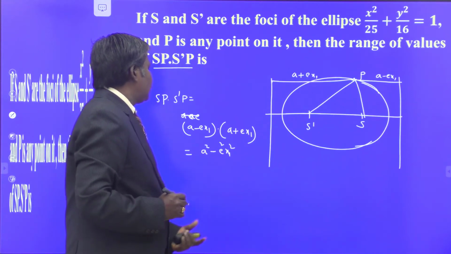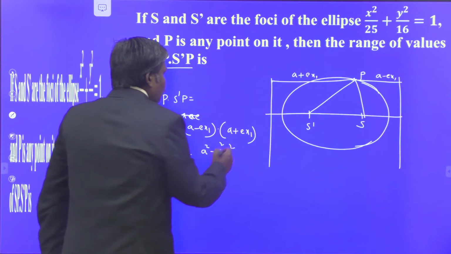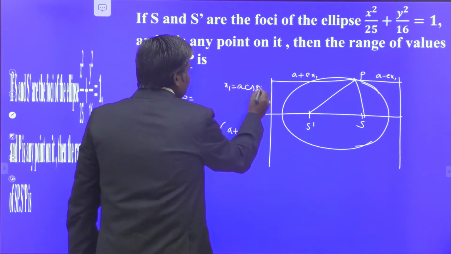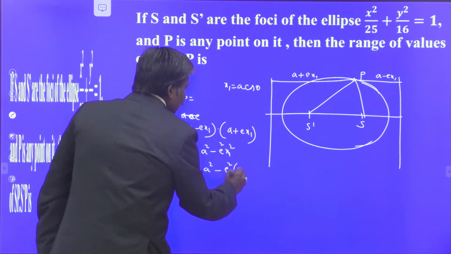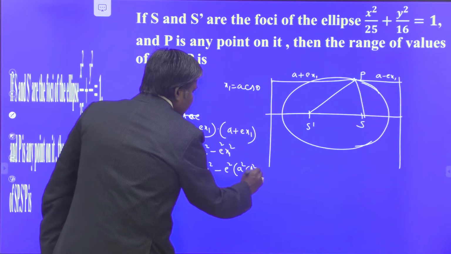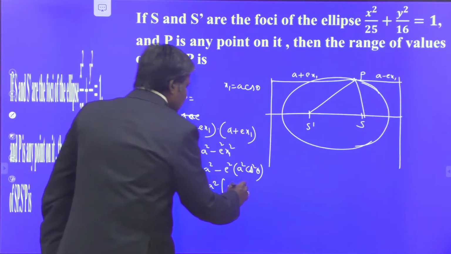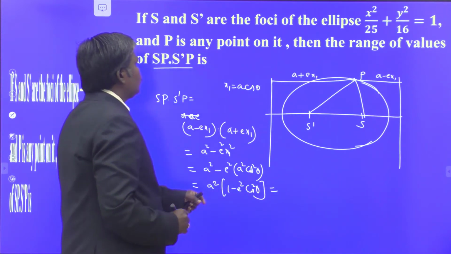We have to find out the range of this expression. So for our parametric equations, we have x1 is equal to A cos theta. We write A square minus E square into A square cos square theta, so A square into 1 minus E square cos square theta. So we can substitute the values.